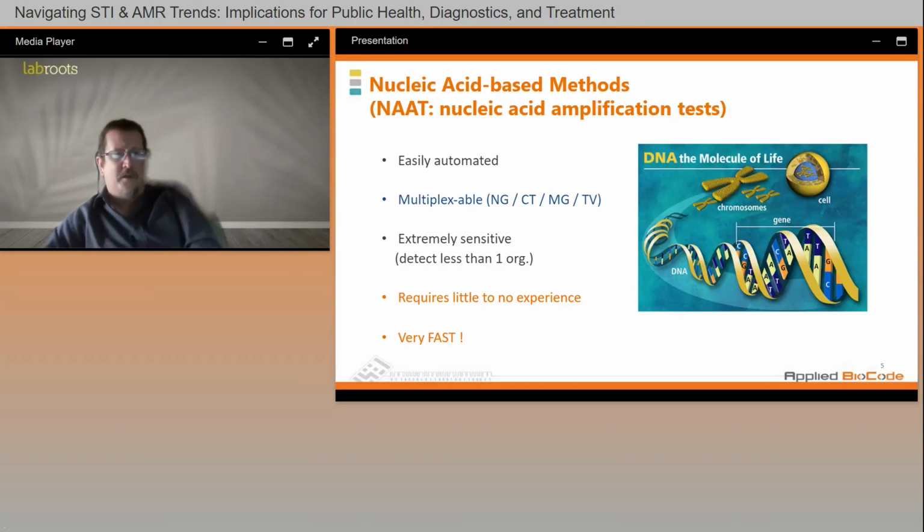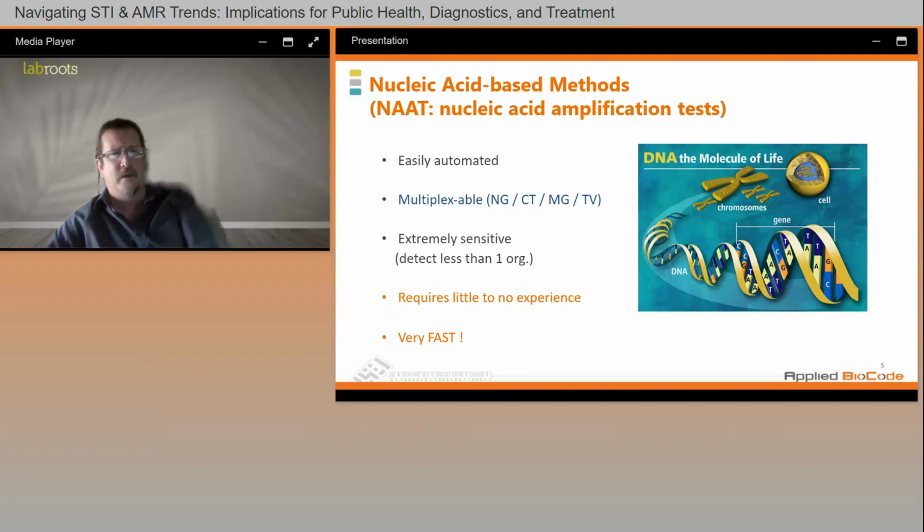They don't require much experience because they're automatable, or if they're not automatable, it really is just mixing a few chemicals into a tube and putting it into a machine. It means that you don't need much experience to do molecular tests for STDs. That's really good because we all know, to do bacteriology or virology, the old methods, you've got to spend years to develop that trade and that skill.